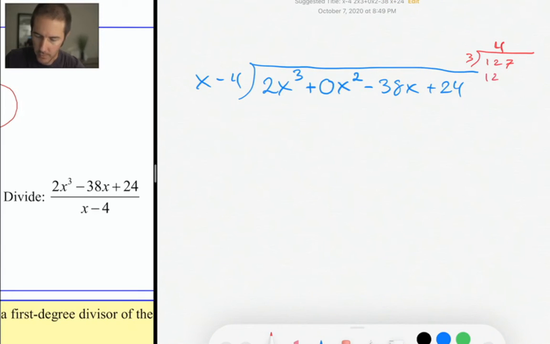4 times 3 makes 12, and we would do subtraction and get 0, and then we would bring down the 7, and we'd say 3 goes into 7 how many times? 2 times, and then we would take the 2 times the 3 and get 6, and we would do subtraction again, we'd get a 1, and that 1 would be our remainder. You could just write a little lowercase r with a 1 next to it, or you can take the 1 left over and still divide it by 3.